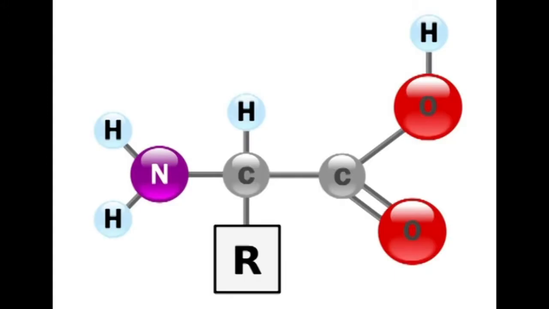Now the proteins of the pulses, even though they are high in amount, lack sulfur containing amino acids, methionine and tryptophan. Therefore the quality of the protein in pulses is slightly lower.